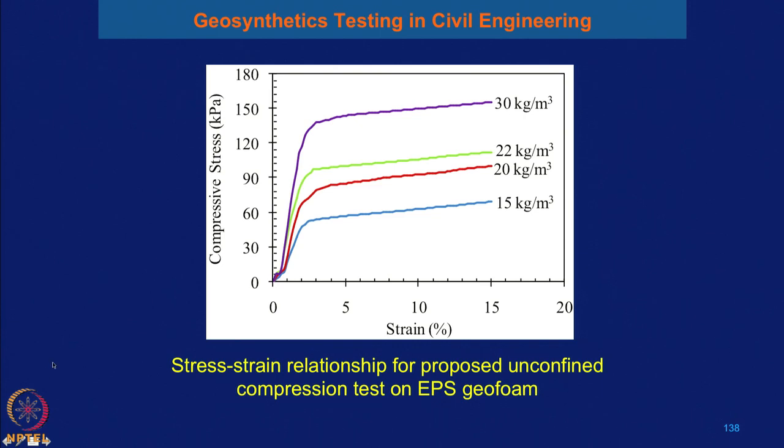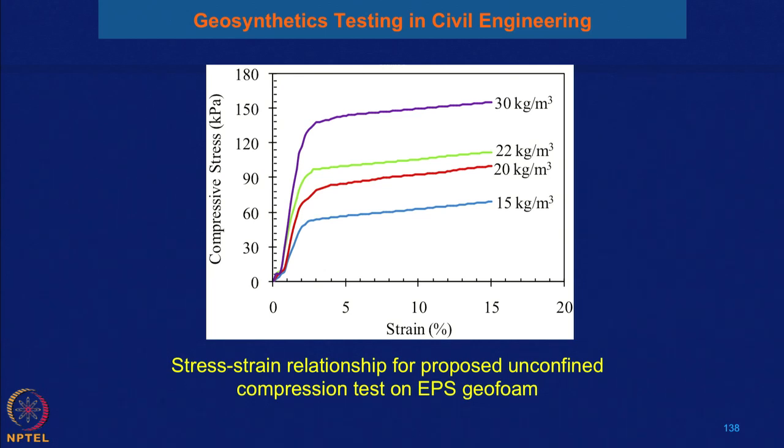Similarly, for the 10% strain, what will be the compressive stress for 15 kg per meter cube, and similarly for 20, for 22, and for 30 kg per meter cube. So, you can determine the compressive stress.